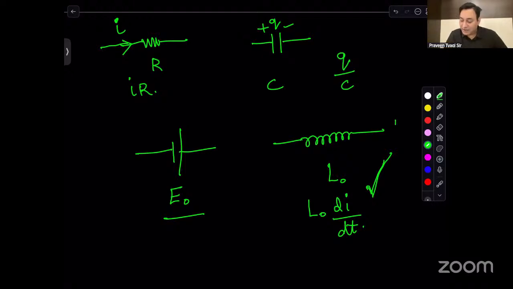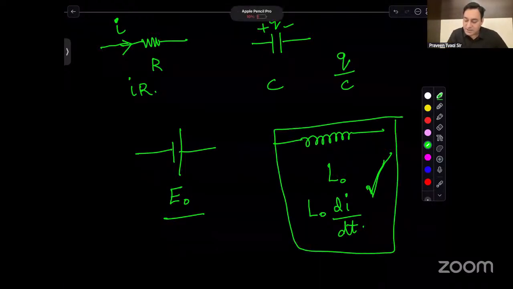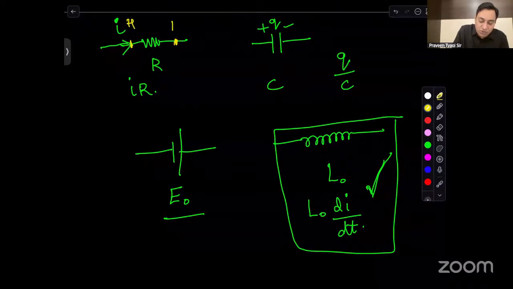This one you will learn after magnetism, but these 3 right now, every one of you should be clear about. Suppose current always flows in any wire. If you have assumed this to be the direction, current always flows from higher potential to lower potential.